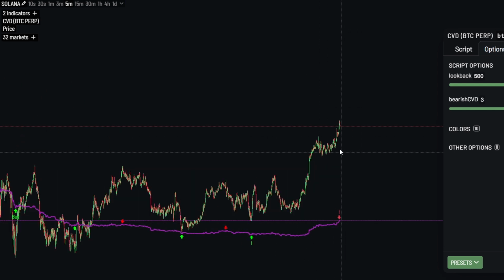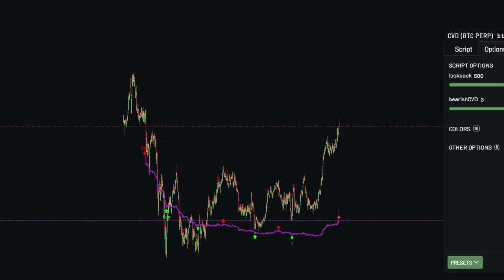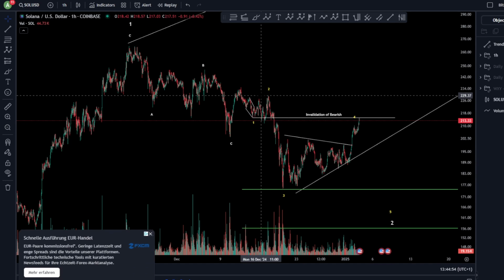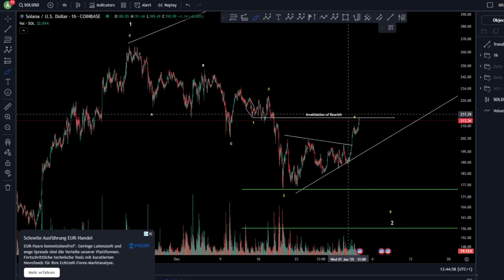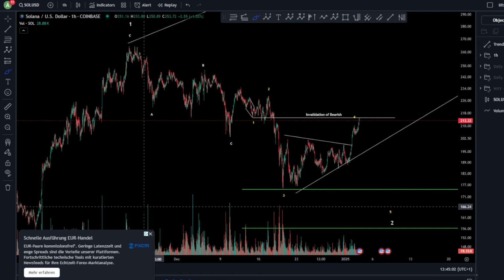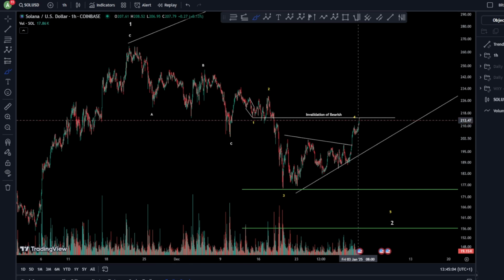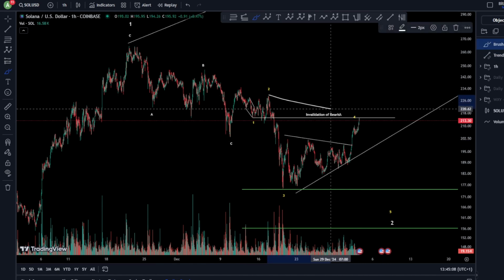So very, very tricky. We have to wait here for Solana a little to see what is going to happen. However, be careful with it because we did not really touch the invalidation point. We were very, very close to it. It might still be open to move toward the downside, so be careful. It might be tricky, guys.